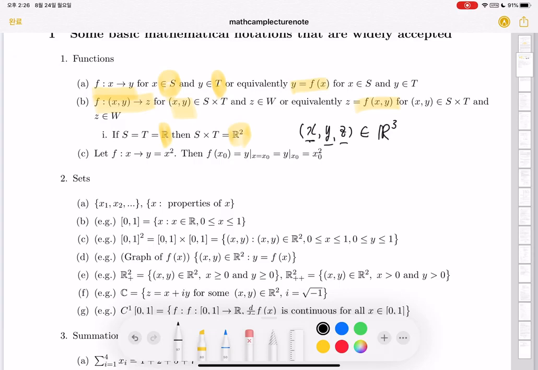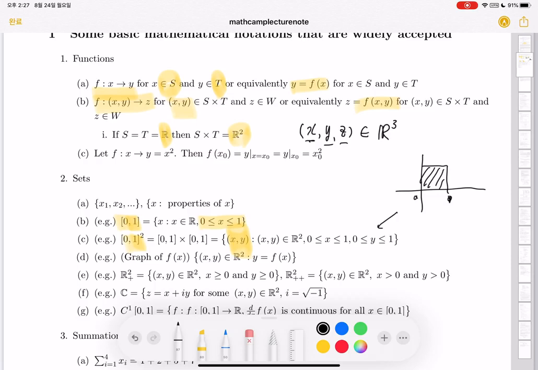I'm going to use this notation to denote a line segment. [0,1] squared is a pair of numbers whose elements lie in the line segment. So this set here, if you visualize this set, is the points in this rectangle.